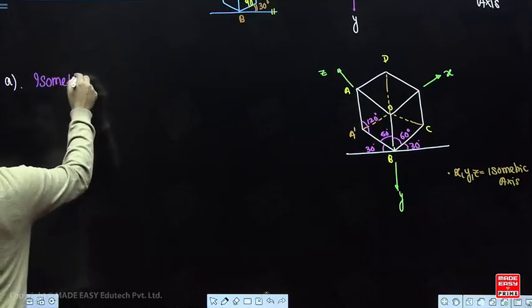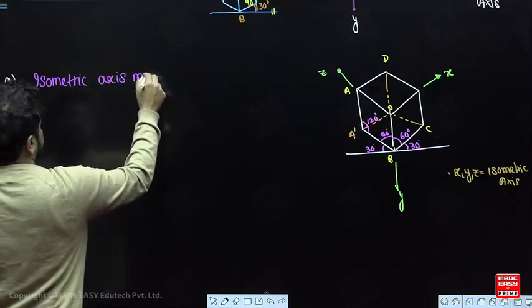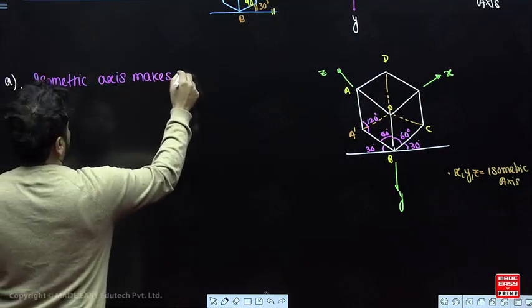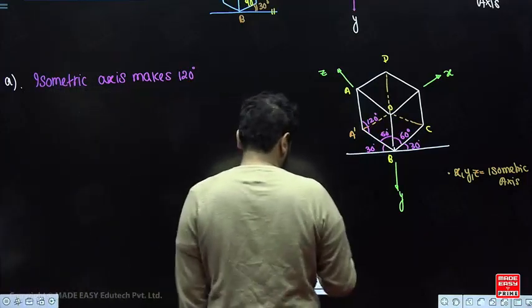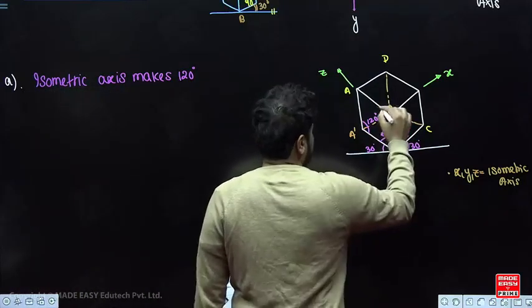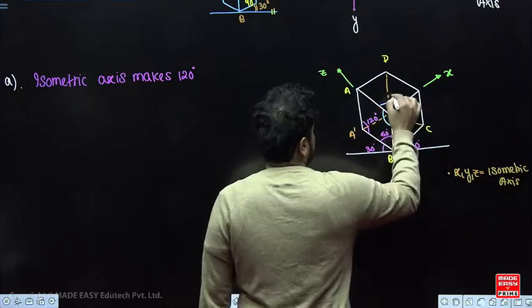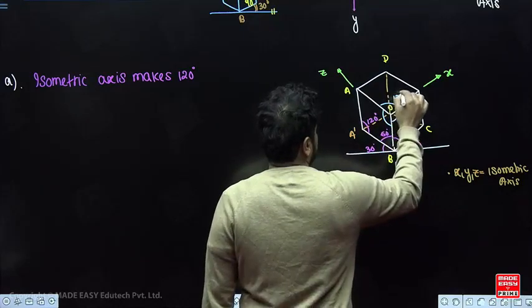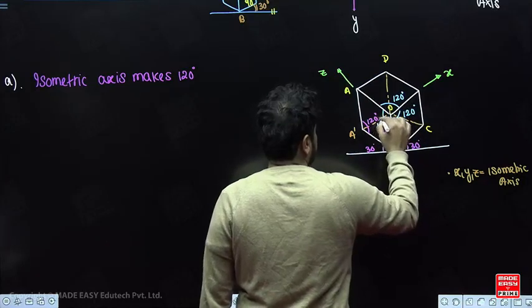isometric axis makes 120 degree. You can see that it is very clear here also. So this angle, and this angle, this is your 120 degree, this is also 120 degree, and this is also 120 degree, isn't it?